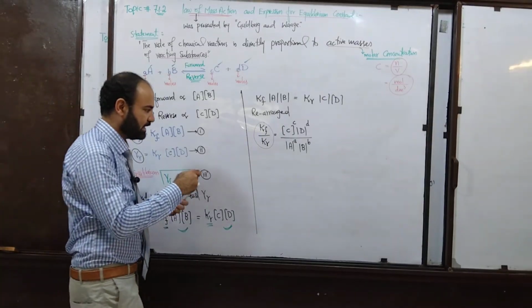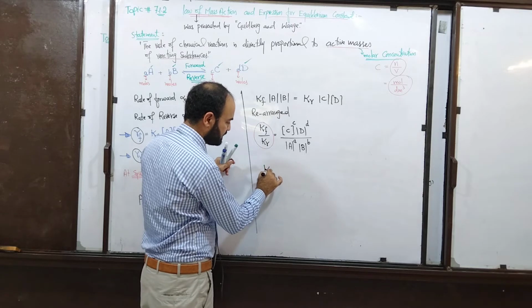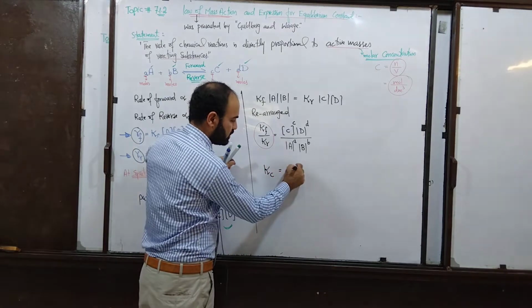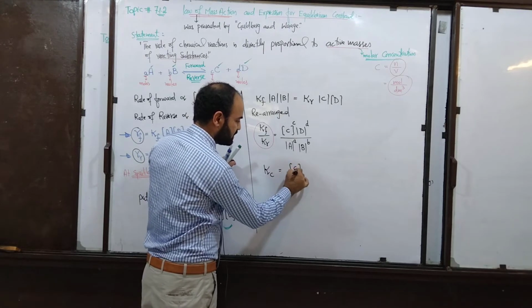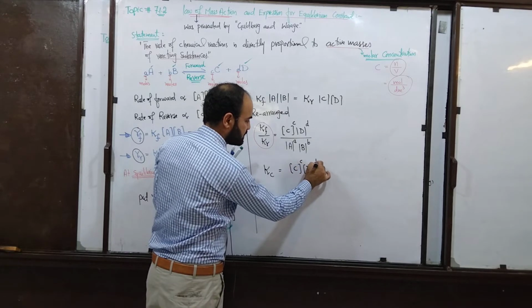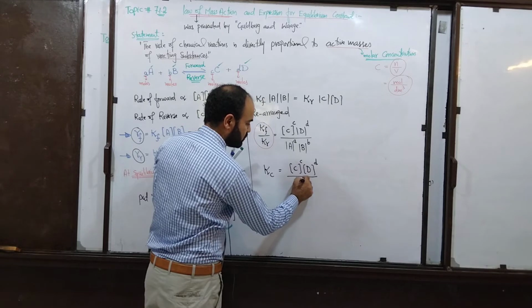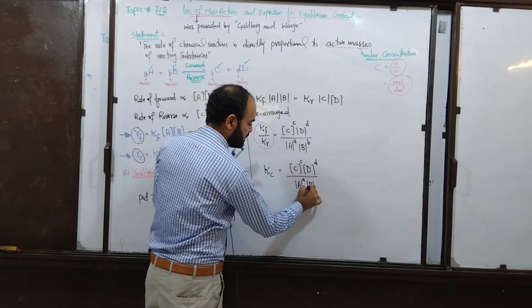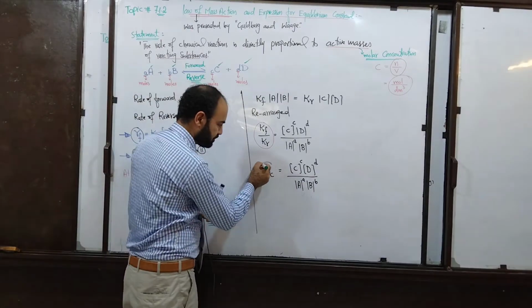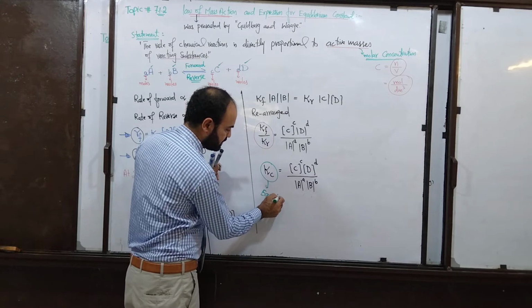From these two constants we get another constant, that is Kc, equal to product concentration divided by reactants concentration. That's actually known as Kc, the equilibrium constant.